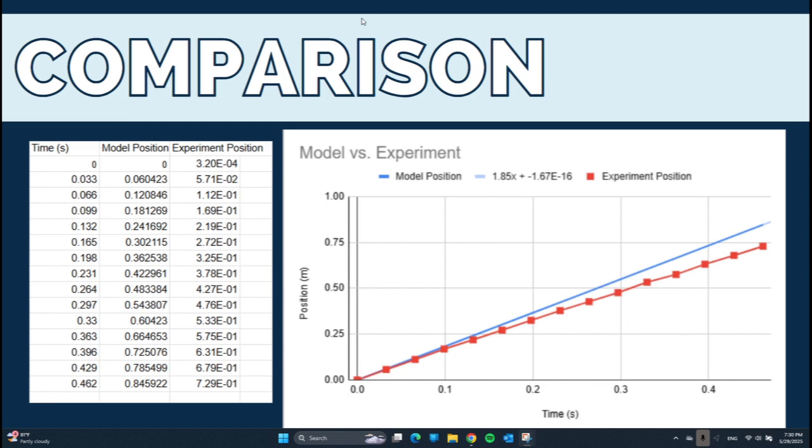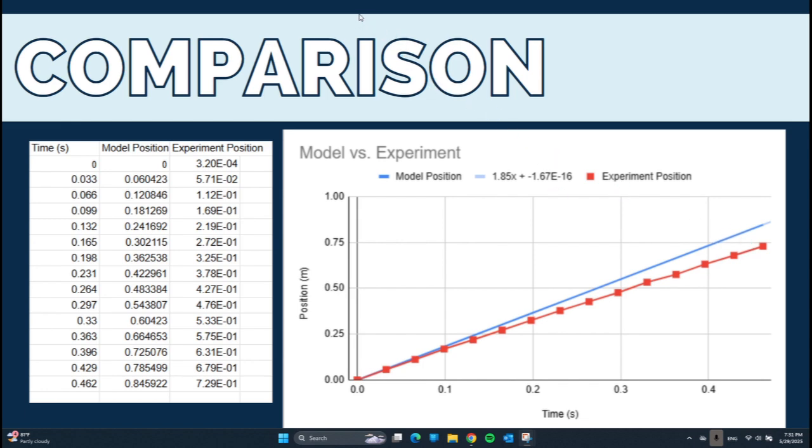Nonetheless, the experimental data slightly deviates from the model, since in the observations, the car slows down slightly over time, while the model assumes constant speed. The model does not account for the small negative acceleration of the real object, hence the gap here.